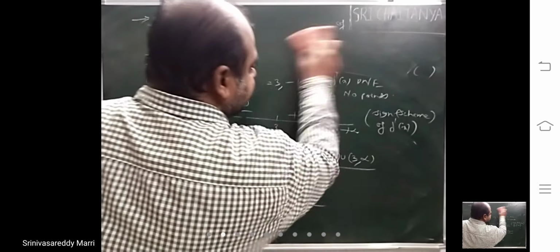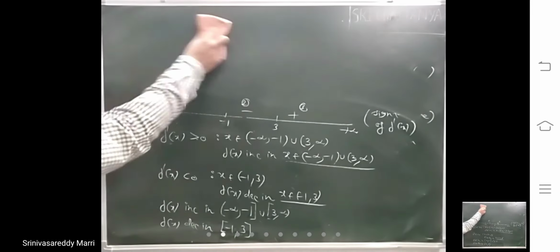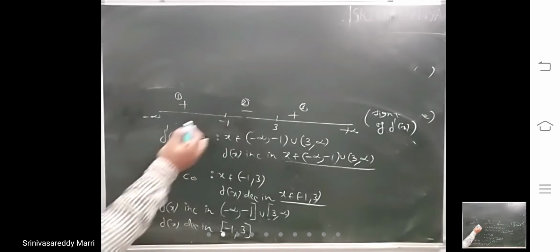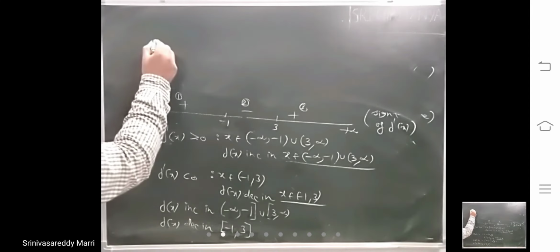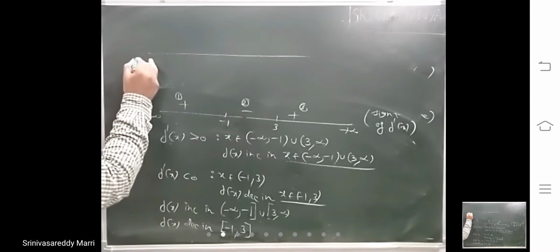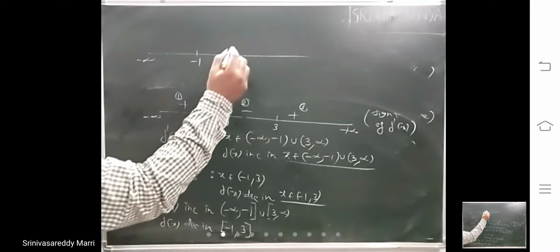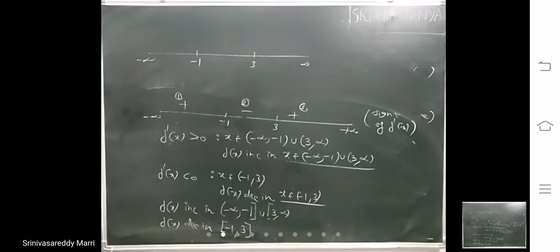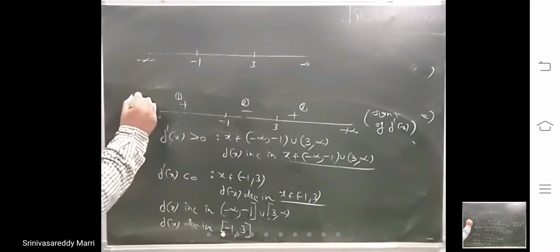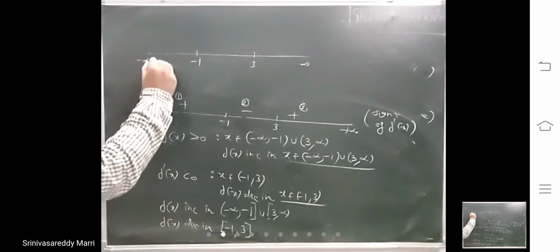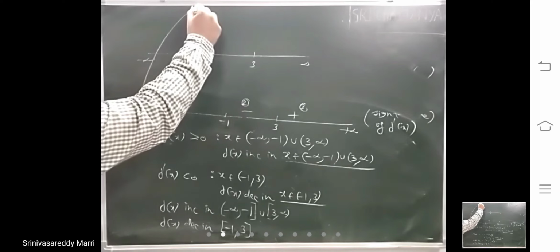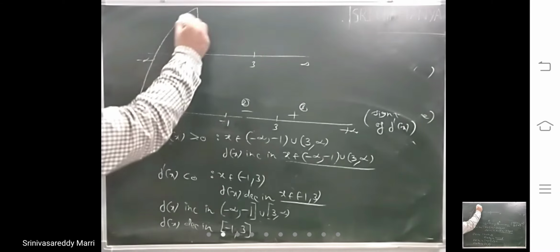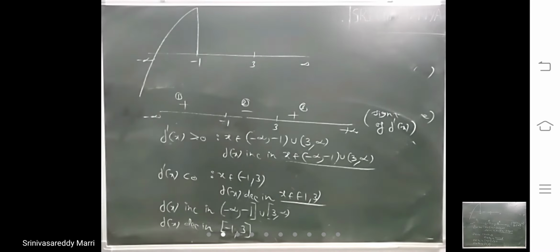Why is it so? If you look at the graph, you will have an idea. Look at minus infinity to minus 1, it is increasing. I am constructing an arbitrary graph of that. Minus 1, 3, infinity. Minus infinity to minus 1 increasing, so the graph from minus infinity to minus 1 will be like this.